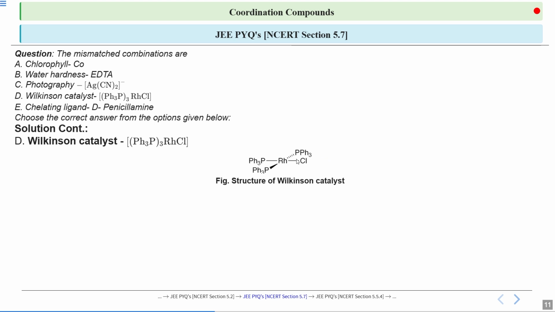It is a matched combination because this structure and the given complex formula are the same: rhodium as the central metal ion, 3 triphenylphosphine ligands, and 1 chloride ligand. The formula correctly represents Wilkinson's catalyst.